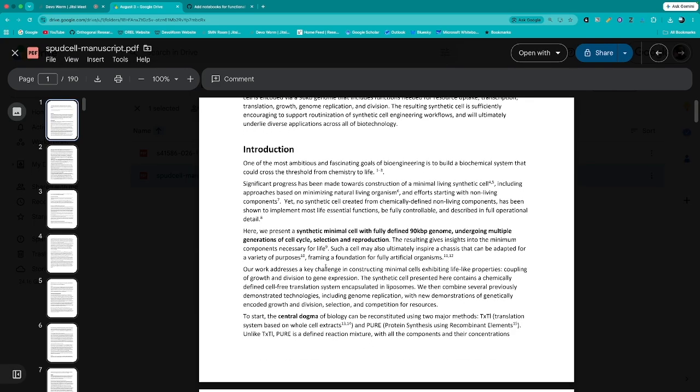Now they say that their work addresses a key challenge in constructing minimal cells exhibiting lifelike properties, and that key challenge is coupling of growth and division to gene expression. So again, like I said, the cell cycle is coordinated in terms of gene expression. The different phases of the cell cycle coordinate with gene expression.